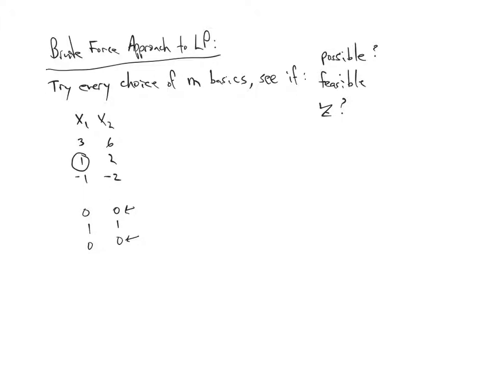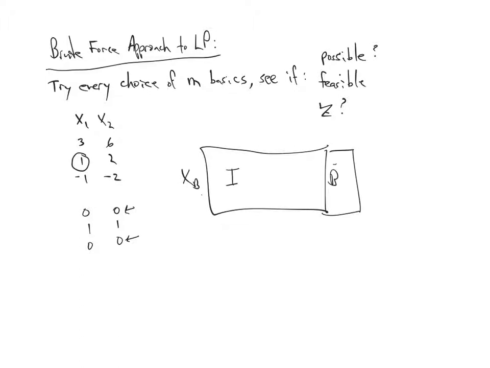Okay, and when you pick some variables to be basic, and you do the pivoting, there's no control over this B inverse B. So if any are negative, it's not feasible. So this isn't a surprising thing.